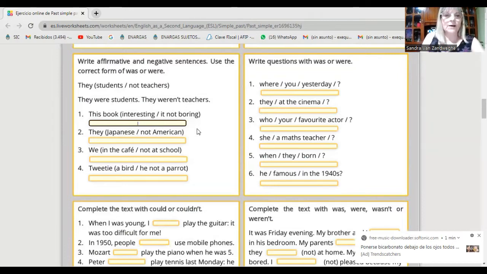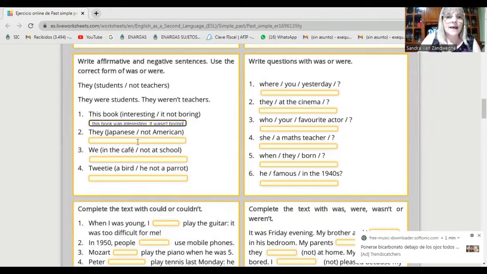A ver si se dan cuenta cómo es el ejercicio. This book was interesting. So, it wasn't boring. ¿Ok? ¿Se dan cuenta cómo hay que hacerlos?